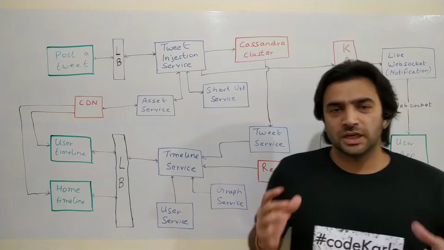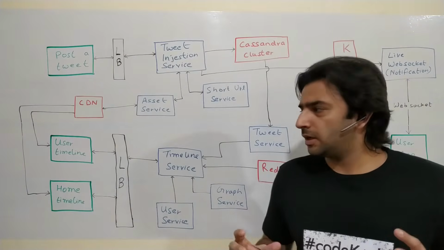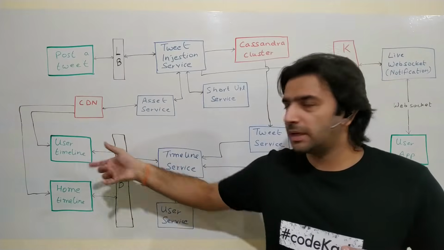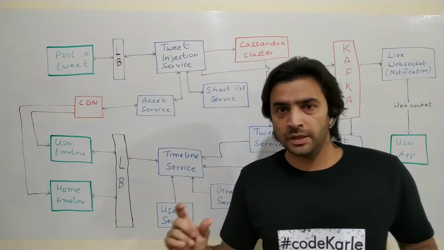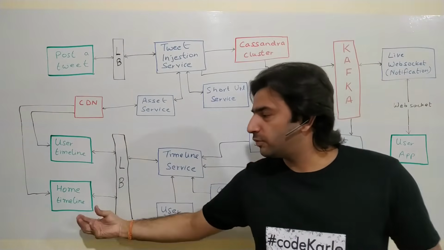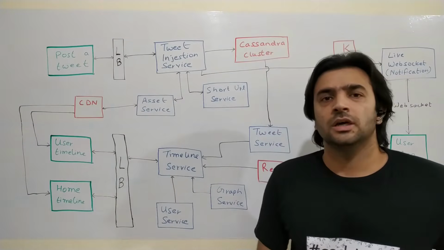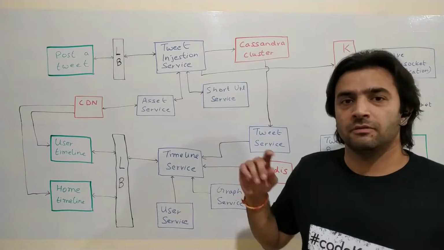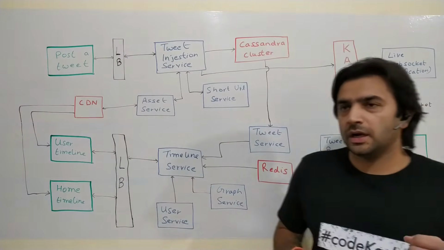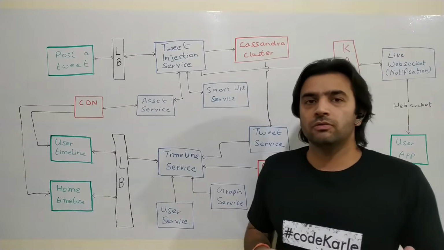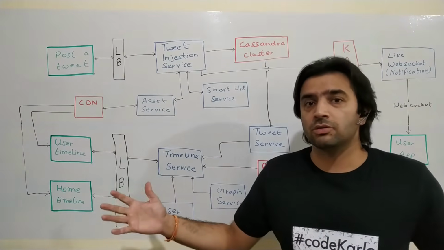Okay. So very logically speaking, construction of user timeline is basically select star on Cassandra where user ID is your user ID, and construction of home timeline is logically select star from Cassandra where user ID in all the people you follow, right? Now this list of people that you follow could possibly be thousands of people.